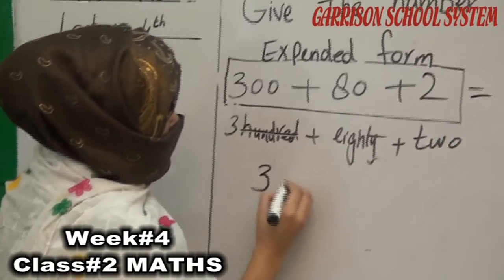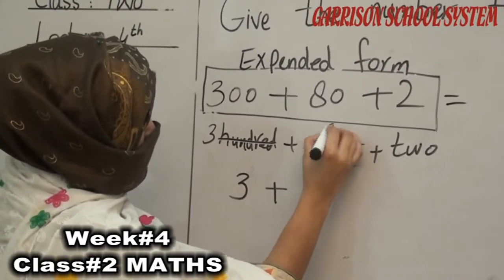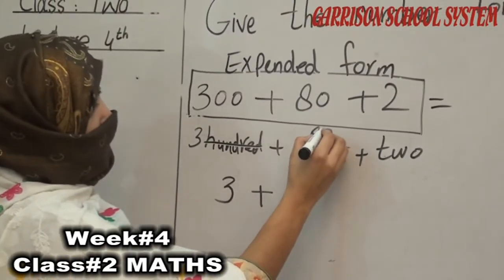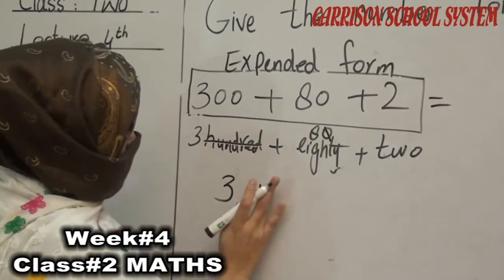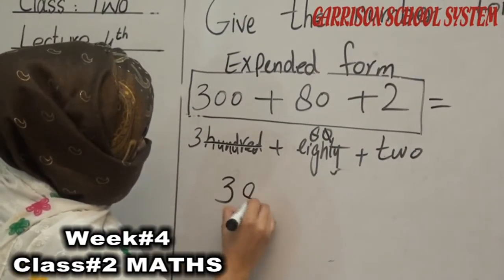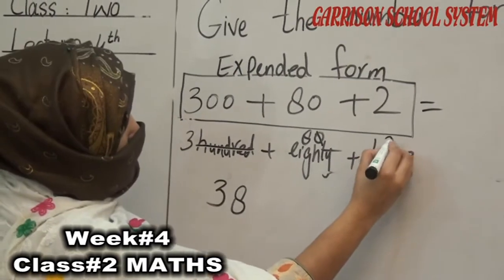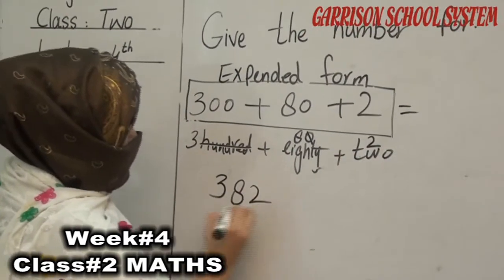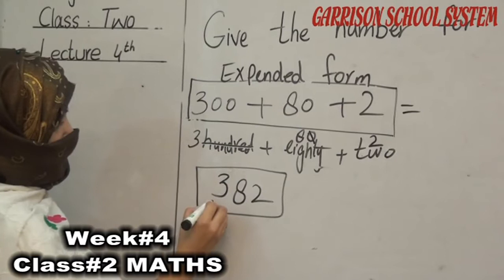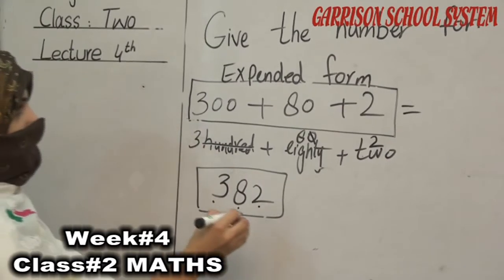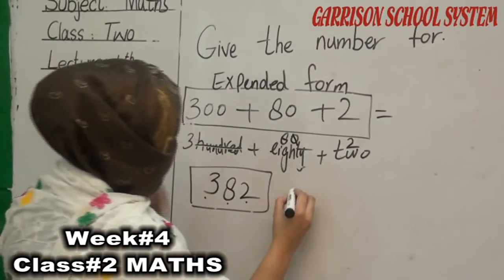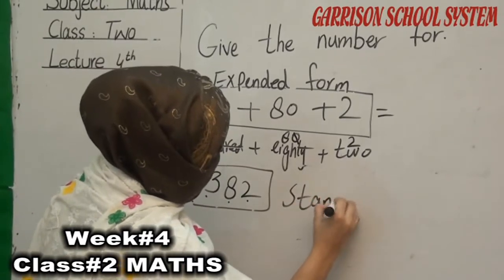Now 80, we skip the 0 here and just write 8 here. Next is 2, and we write 2 here. This is 382, and it is our standard form.